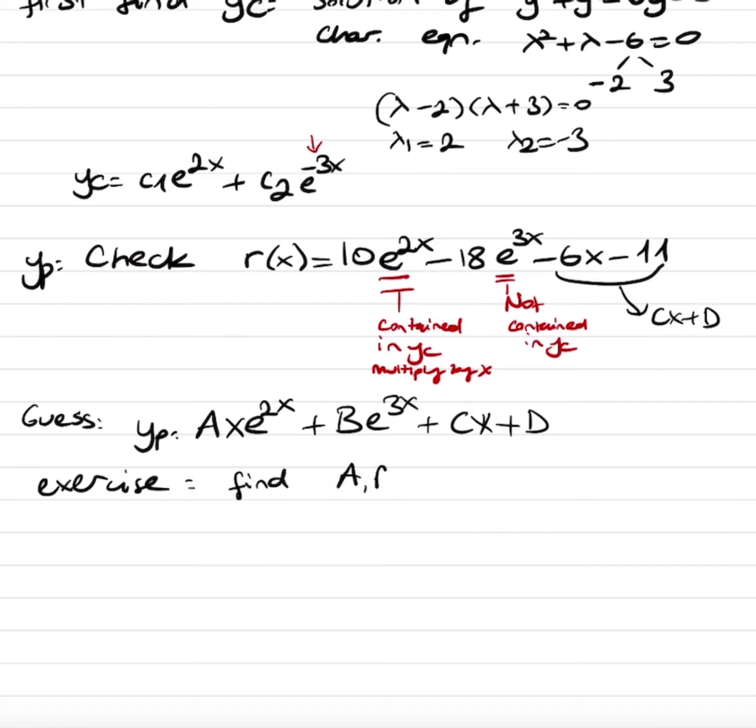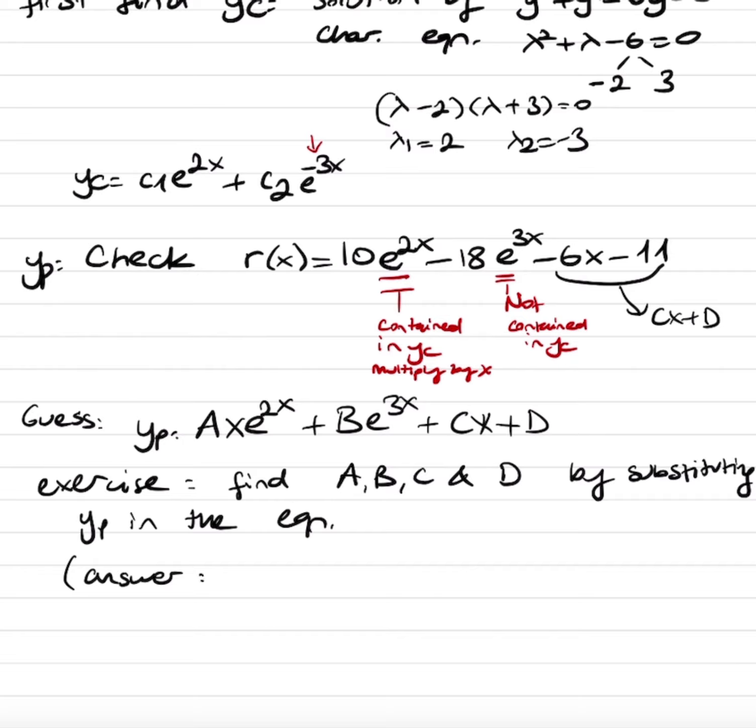Find a, b, c, and d by substituting yp in the equation. If I didn't do it wrong, a should be 2, b should be minus 3, c is 1, and d is equal to 2.